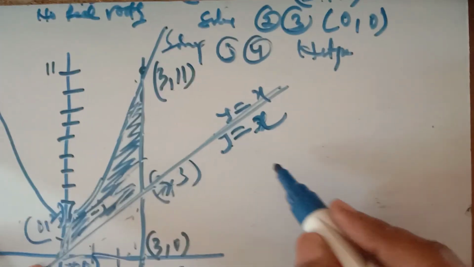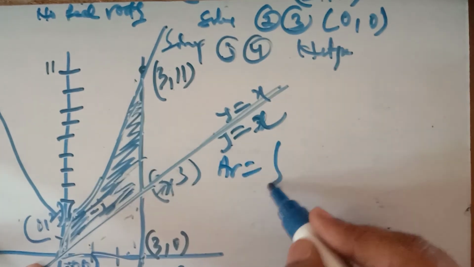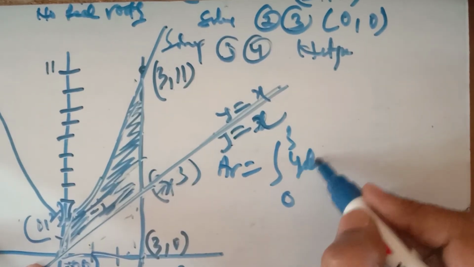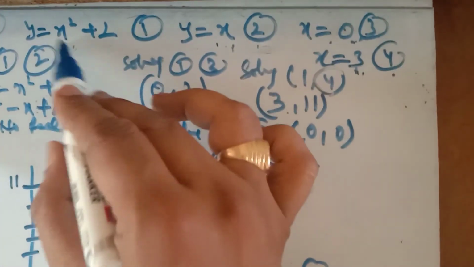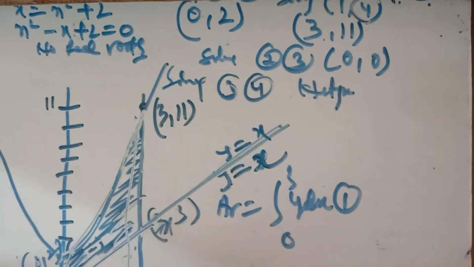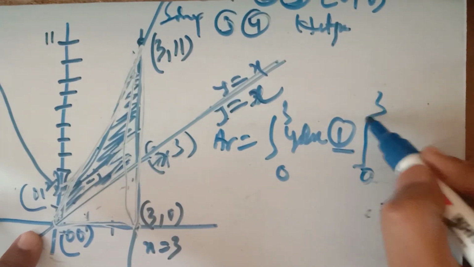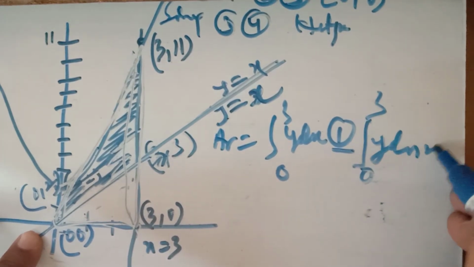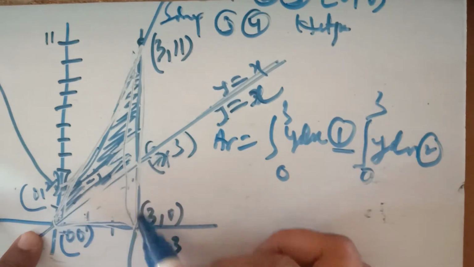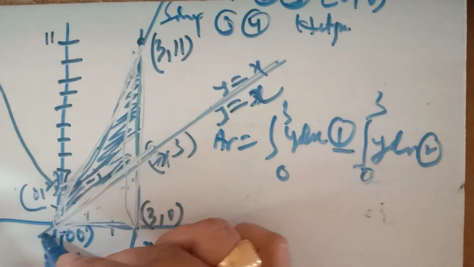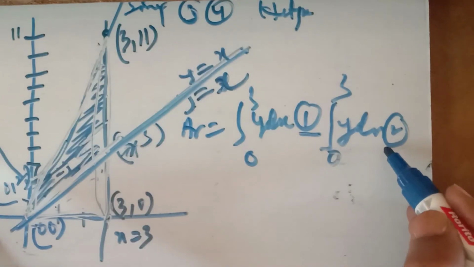So the total area is the integral from 0 to 3 of y dx of the first curve, this parabola, and the extra area is the integral from 0 to 3 of y dx of the second, the line y = x. Simply you have to subtract it.